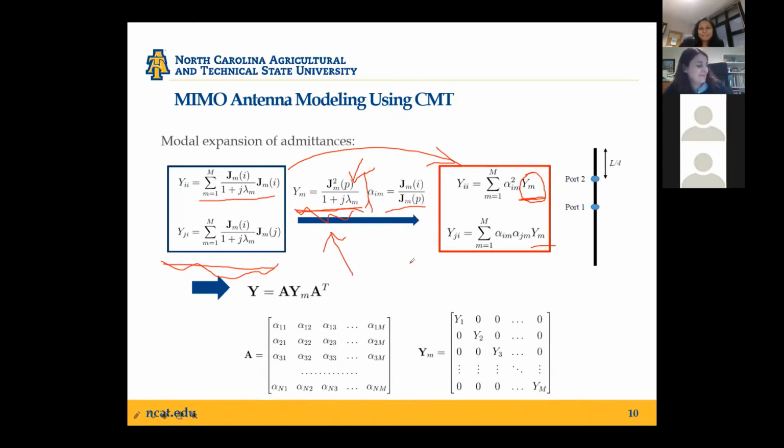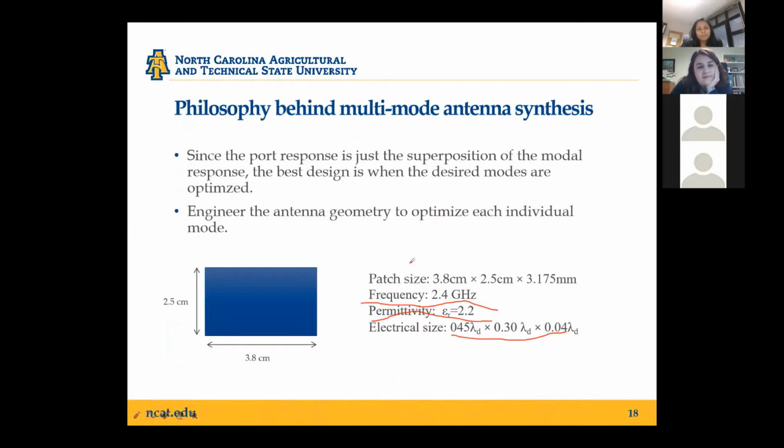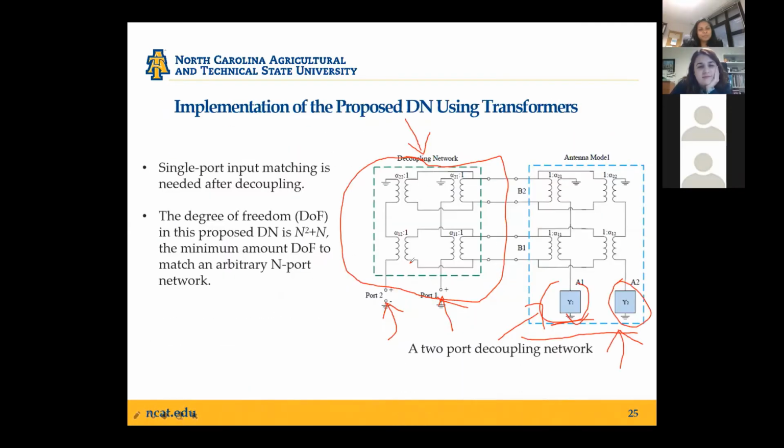Actually, with respect to the decoupling network, you have this transformer network. How do you realize that in practice? Yeah, that's page 25, later. How do you realize that in practice, or do you just do it in math? So far it's just purely math. I haven't done any experimental verification yet, but there are some radio frequency transformers available in the market.